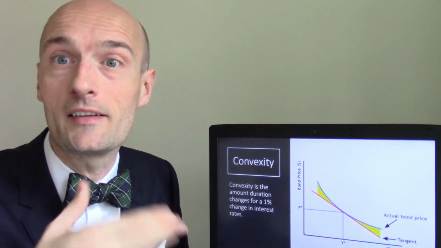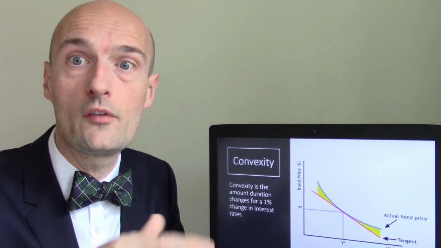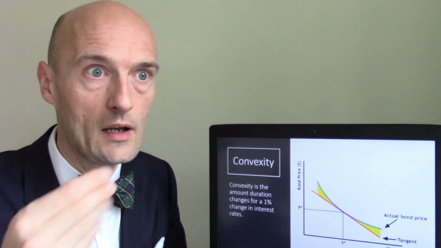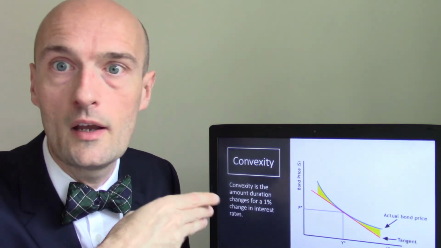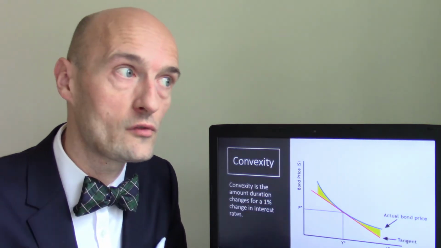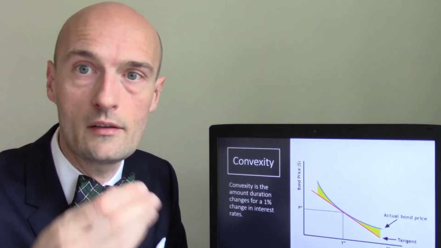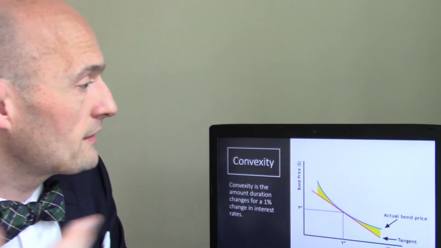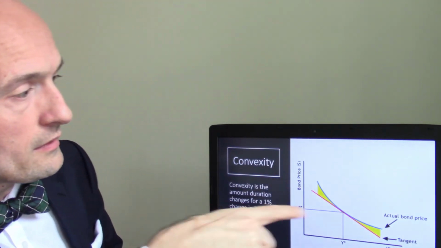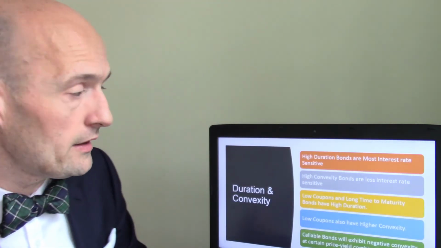So it's a second derivative. If duration is the first derivative of the bond price to the interest rate, the convexity is the second derivative. It's how much does duration change for a 1% change in the interest rate. So that is convexity, and it is basically how curved is the line.